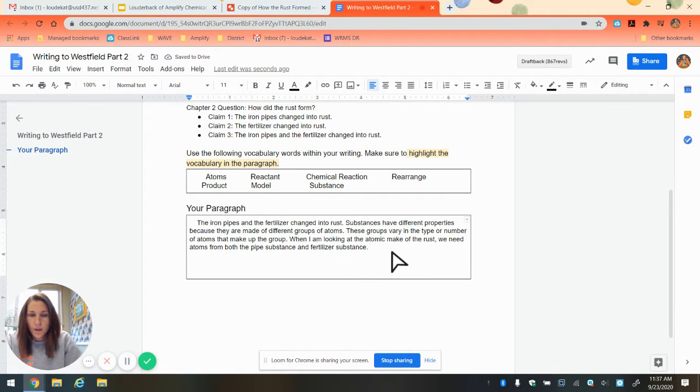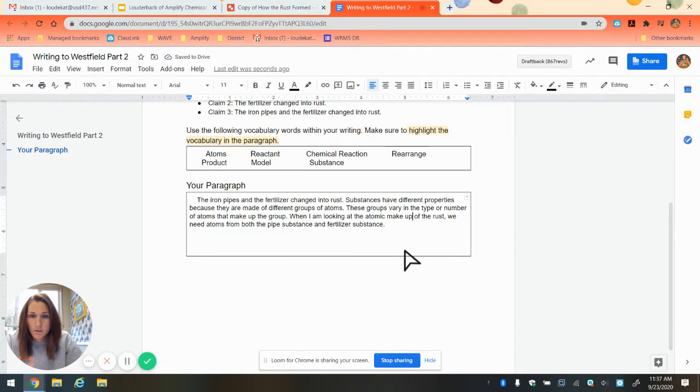So now that I have that in there, we need to explain how they formed. Okay, so we talked about how they're made of different properties, and that when we look at the atomic makeup of the rust, we need both the pipe substance and the fertilizer. So what we want to talk about now is how it was formed, that reaction piece.